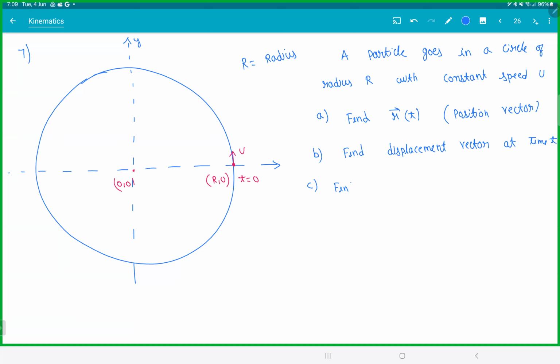Find average velocity at time t. Find dr by dt, so dr bar by dt and d mod r by dt. Both are completely two different things. Dr by dt, d mod r by dt.